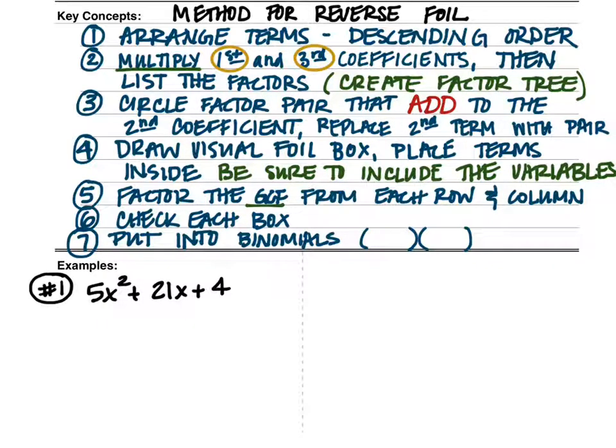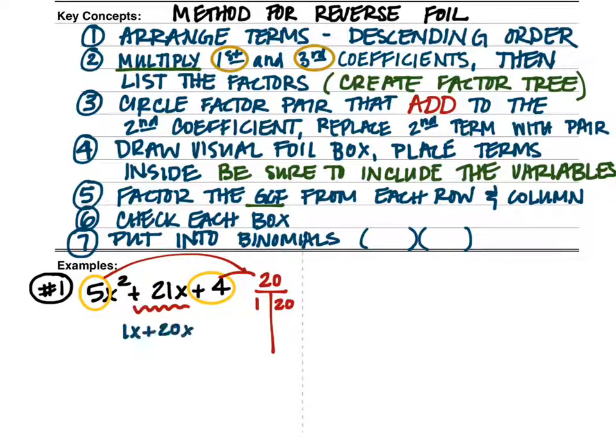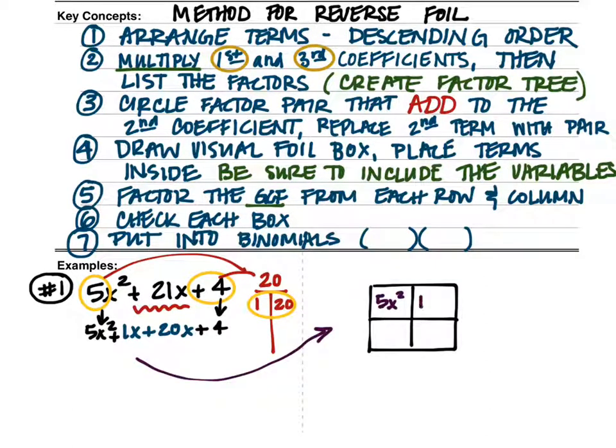We're going to multiply the first and the third terms together and make a factor tree. 1 and 20, I can stop there because I know that 1 plus 20 is going to add to the second term of 21. So now I'm going to replace the 21x with the factor pair of 1x and 20x and finish off my polynomial.